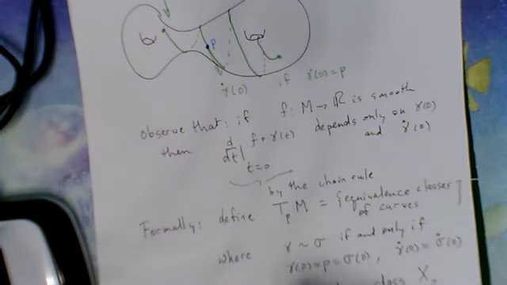And then we can say that X acting on a function is equal to the derivative at t equal to 0 of f composed with gamma, where gamma is a representative curve.